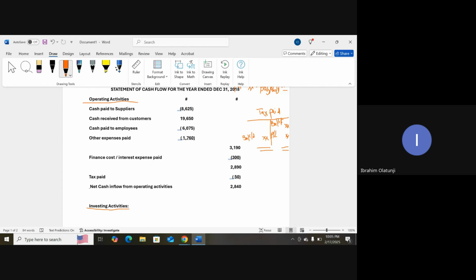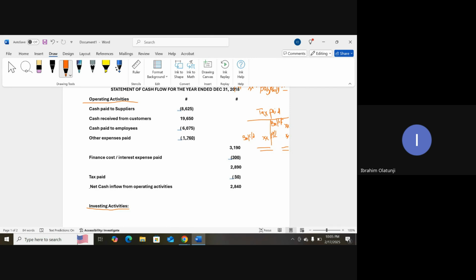I'm not saying profit of the asset now. I'm saying the sales proceeds. That is, when you dispose of the assets, what the buyer pays you. Assuming you dispose of the asset for 40 million naira, and the buyer pays you 40 million naira.